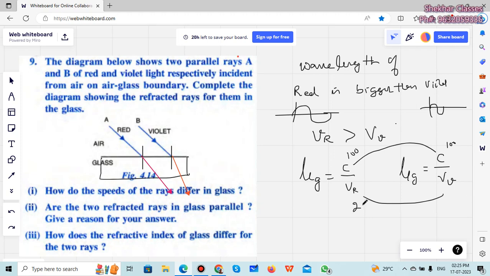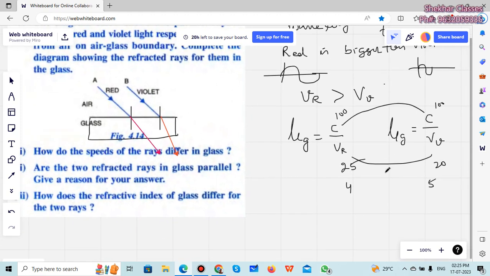Say if this is 25 and this is 20, then what will happen? Red has more velocity and violet has less velocity. So 100 upon 25 is 4 and this is 5. So which has more refractive index according to this calculation? When the numerators are the same, the fraction having the smaller denominator will have a bigger value.